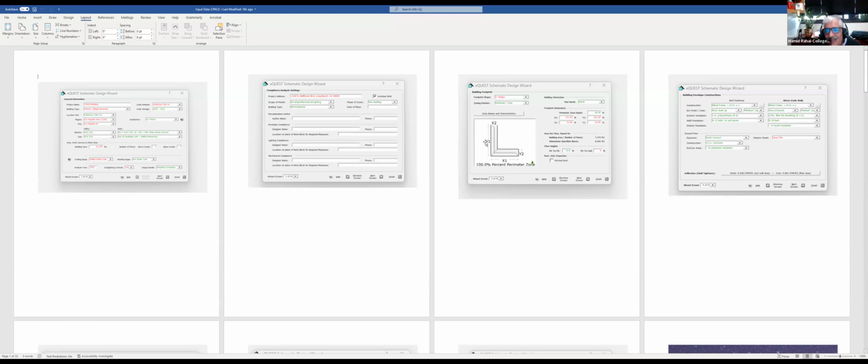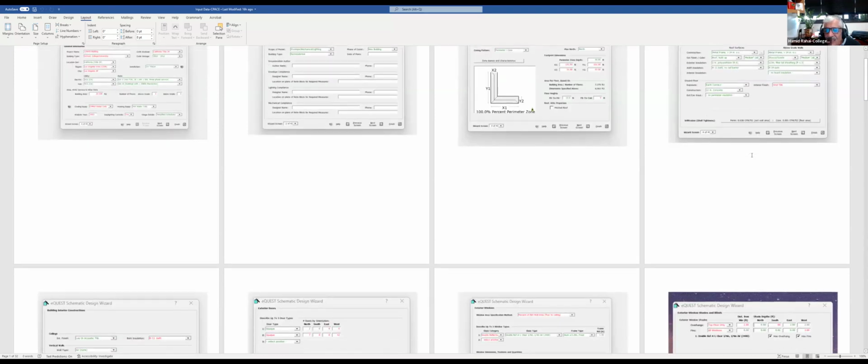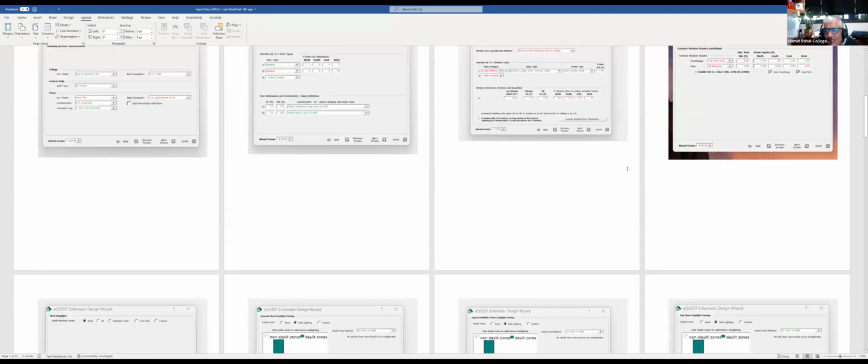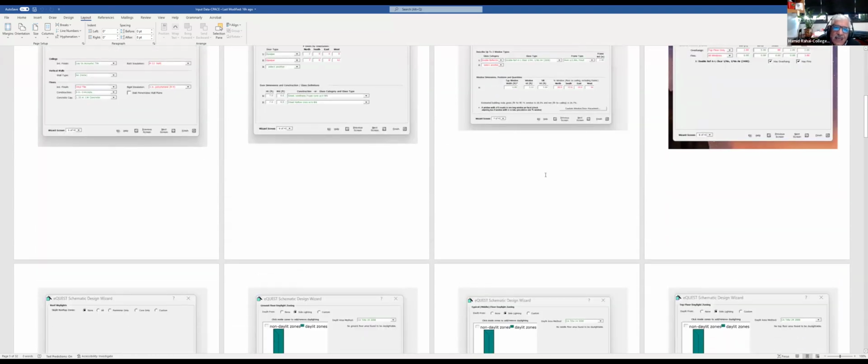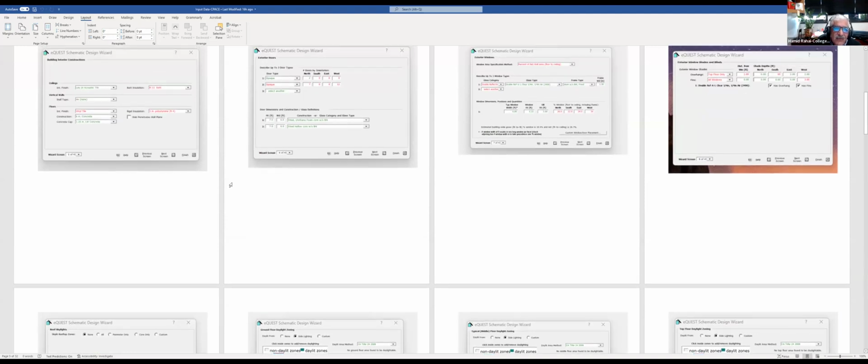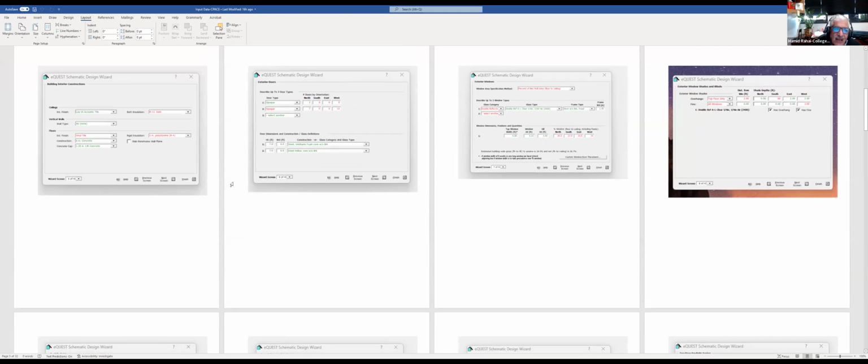So I tried this for the C-Pace building, which was an L-shaped building. And you put in the perimeter, zone depth and dimensions, and so on, and also the type of material, and it goes on. There are about 40 some windows that you go through. You don't have to select all of them, but you have to be familiar with what type of flooring you're going to use.